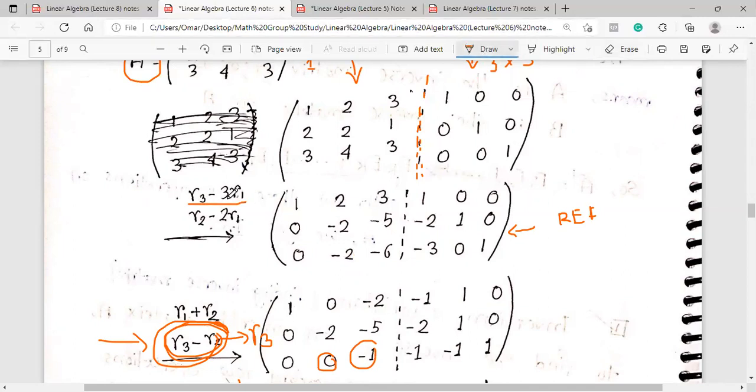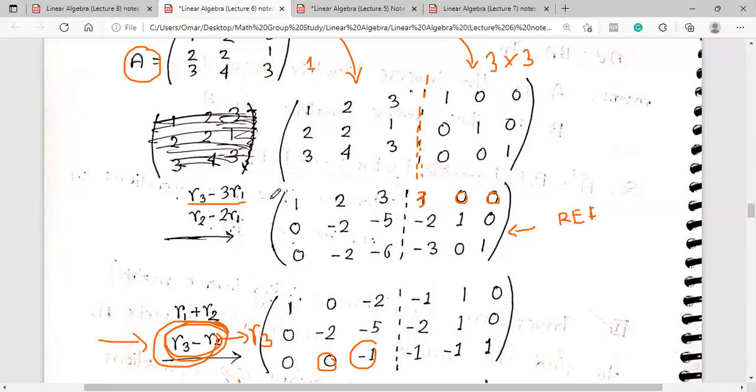So we did this one, like R3 minus 3 into R1. So if I multiply 3 here, it will be 3. If I multiply 3 here, it will be 0, and it will also be 0. So then we subtract the first row from the third row. That means minus 3. Okay, so we substitute the value to R3 minus 3 into R1, on the third row.